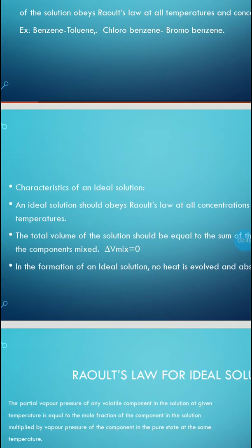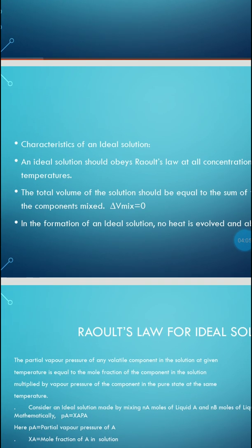What are the characteristics of an ideal solution? And I already told that an ideal solution means one which obeys Raoult's law. So in a liquid mixture, 2 liquids are there. Each component should obey Raoult's law at all concentrations and temperatures.